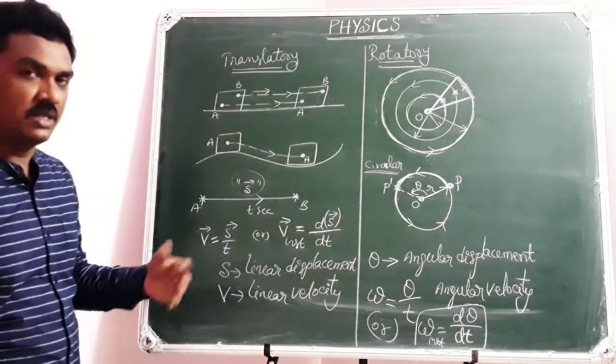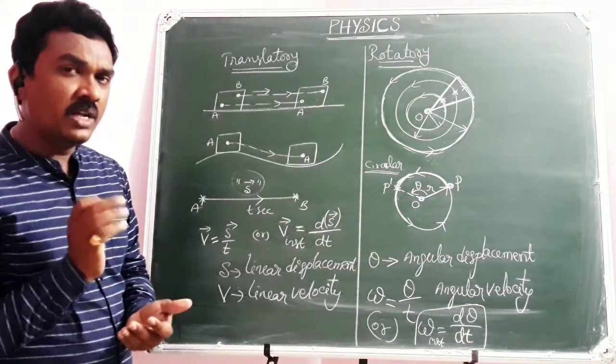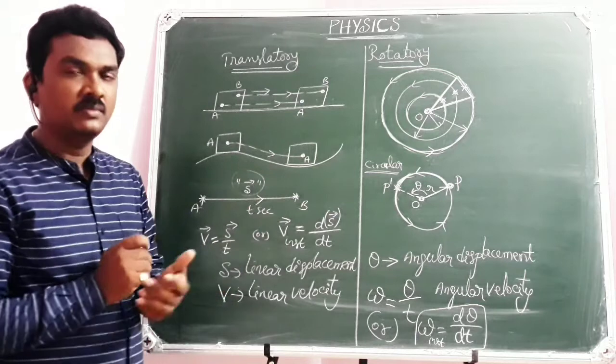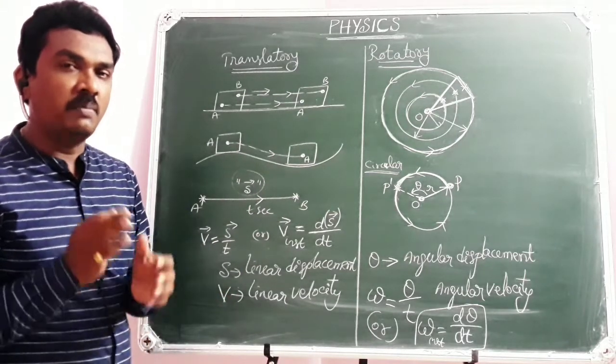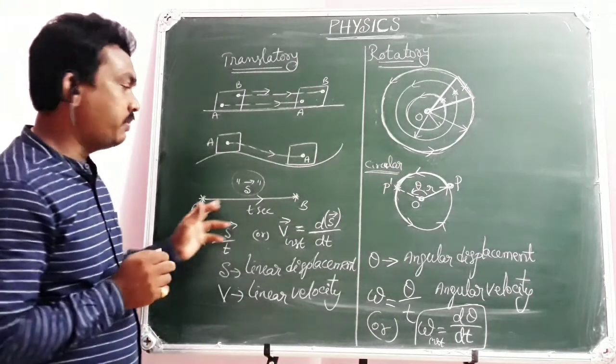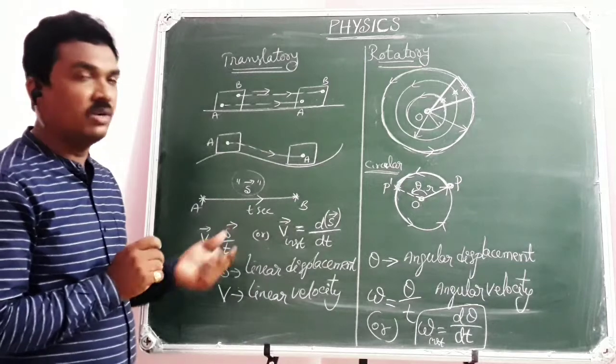Why I said little? Because there is a little more. Earlier, while learning kinematics, you learned about uniform motion. When a particle moves along a straight path with constant velocity, then we say it is in uniform motion.